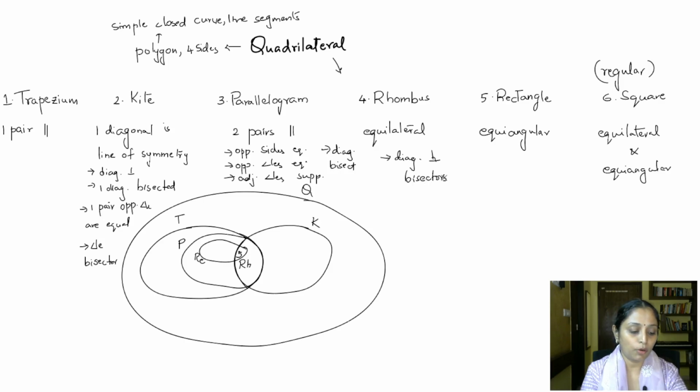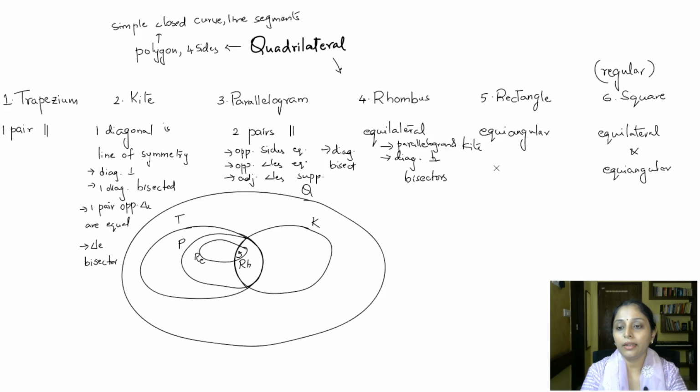So that is about rhombus. So rhombus, all the properties of the parallelogram hold true, okay, and all the properties of a kite also hold true. And then we have seen that the diagonals are perpendicular bisectors of each other.